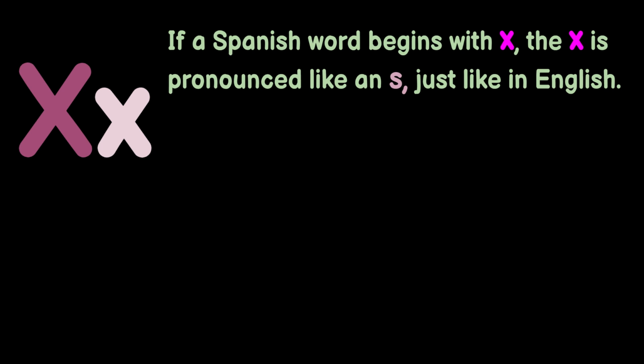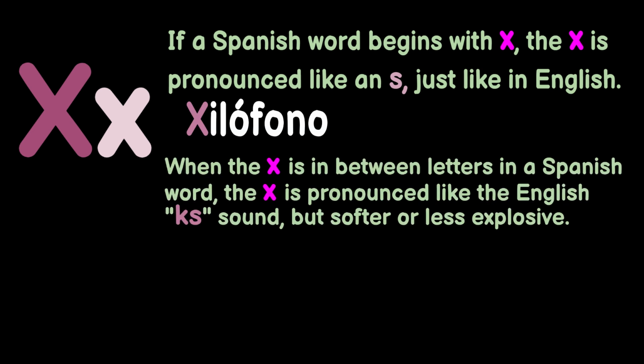X. If a Spanish word begins with X, the X is pronounced like an S, just like in English. Xilófono. When the X is in between letters in a Spanish word, the X is pronounced like the English KS sound, but softer or less explosive.